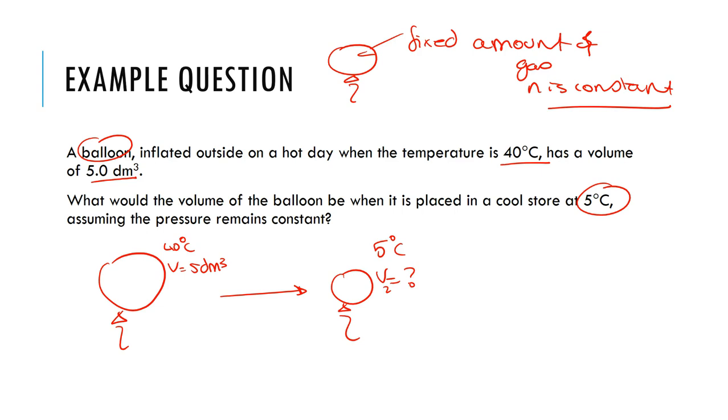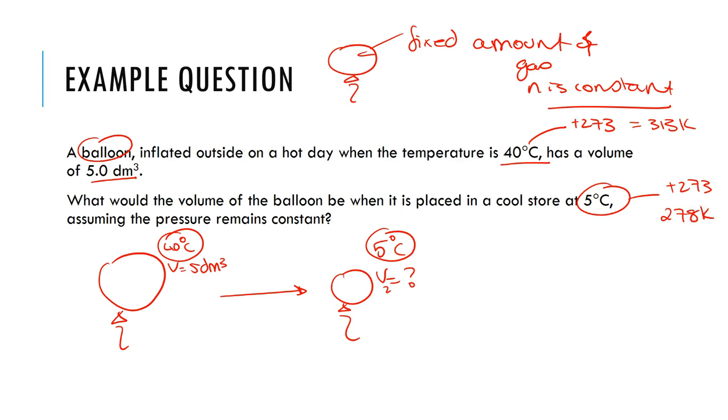Okay, first things first, what should be ringing alarm bells here is that we have our temperatures in Celsius. So we need to add 273 to these, and 40 will be 313 Kelvin. And then again adding 273 to 5, it'll be 278 Kelvin.